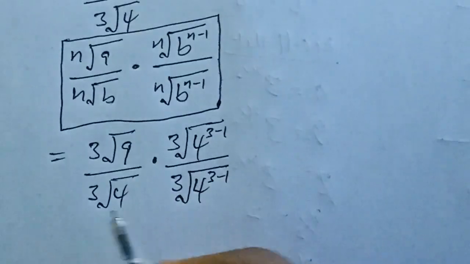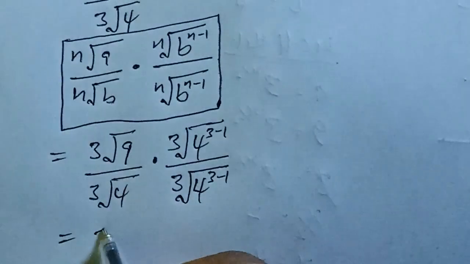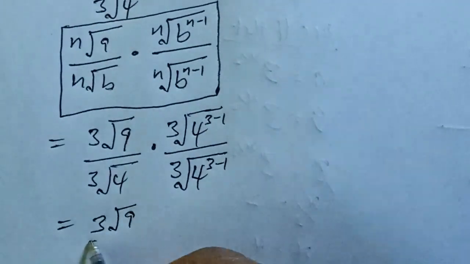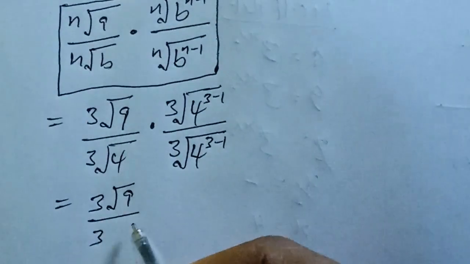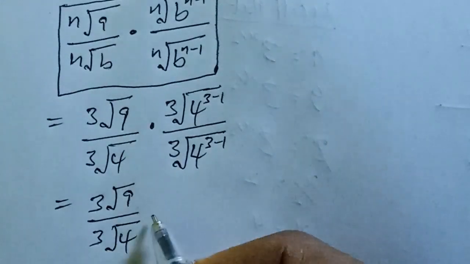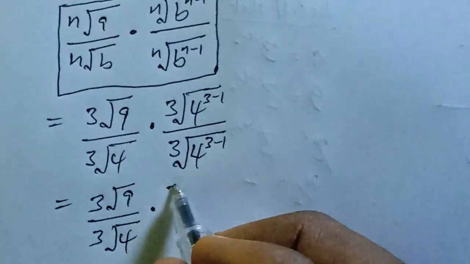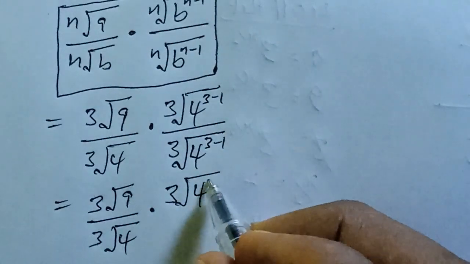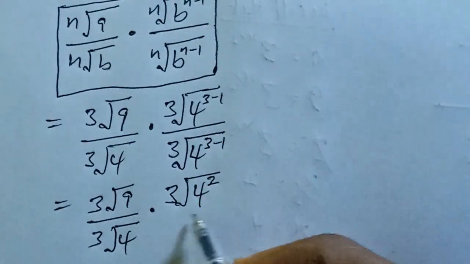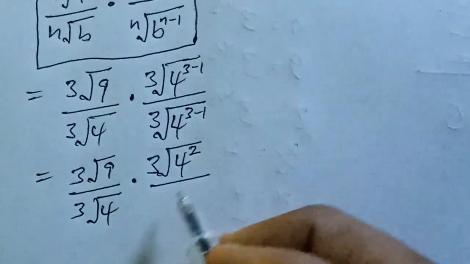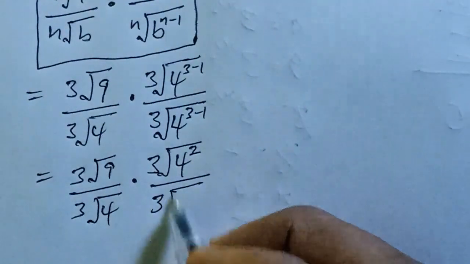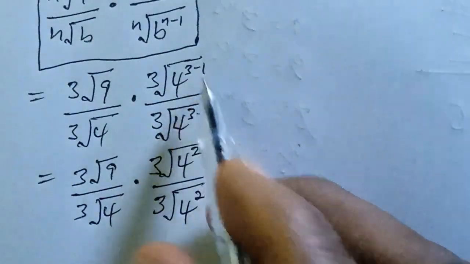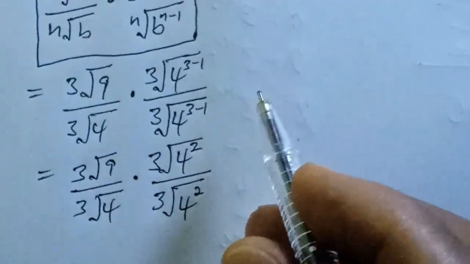Then we simplify this. We have the cube root of 9 over the cube root of 4 multiplied by the cube root of 4 raised to power 2 over the cube root of 4 raised to power 2. 3 minus 1, we have 2.